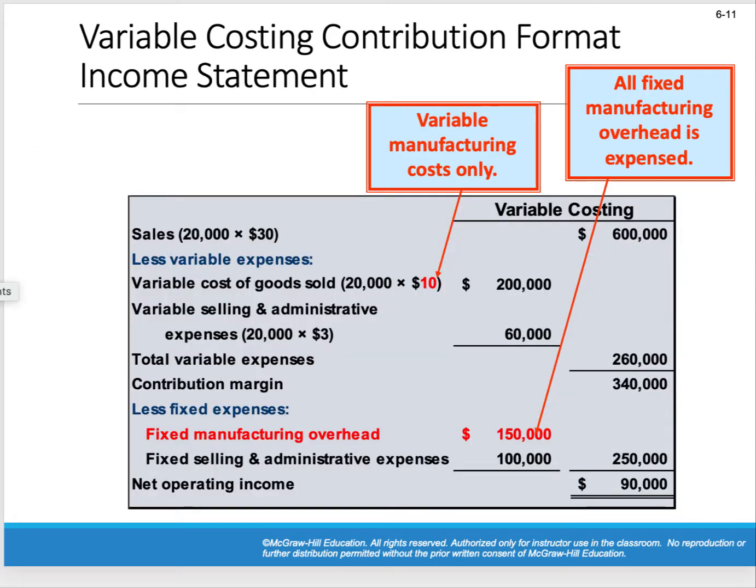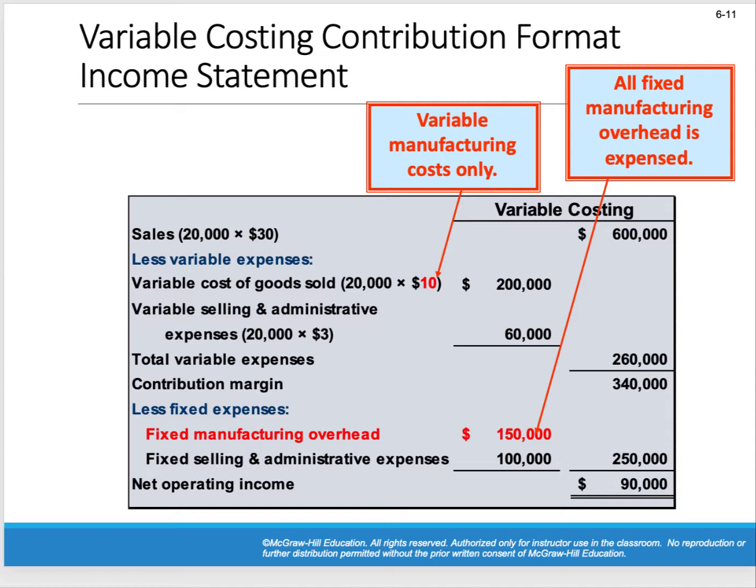So, first thing we're going to do is put together the variable costing method. Okay? So notice what we have here. The contribution formatted income statement segregates based on variable and fixed.